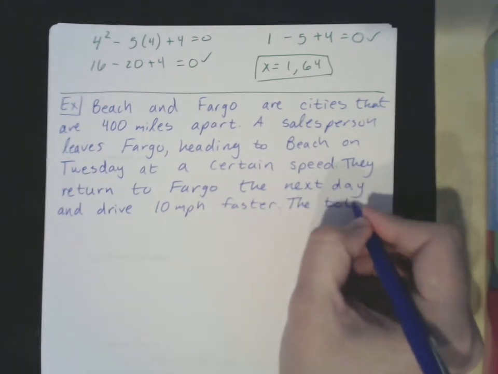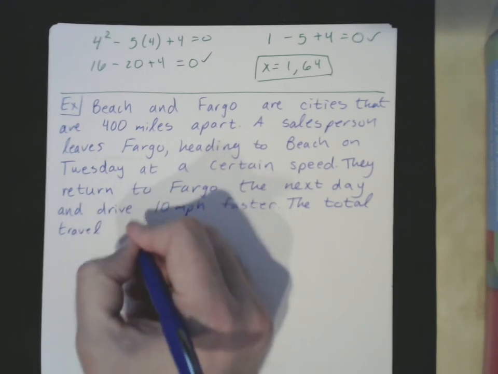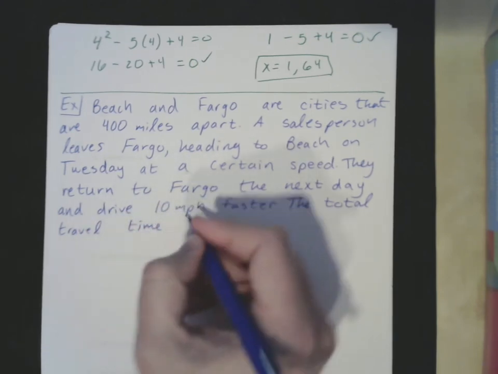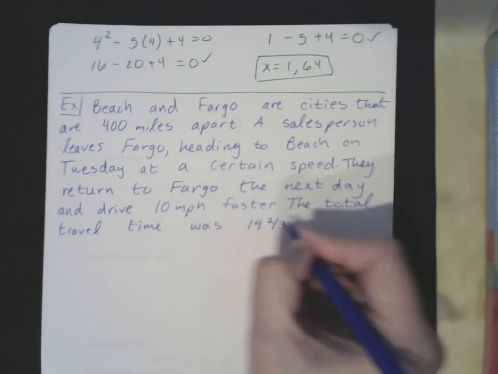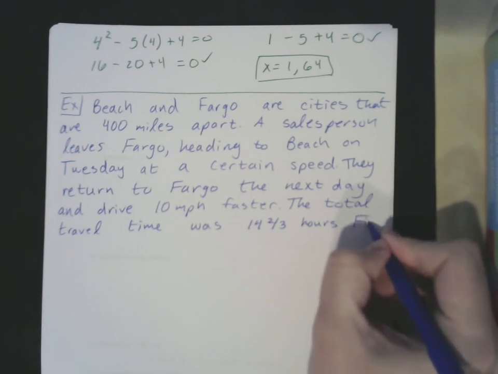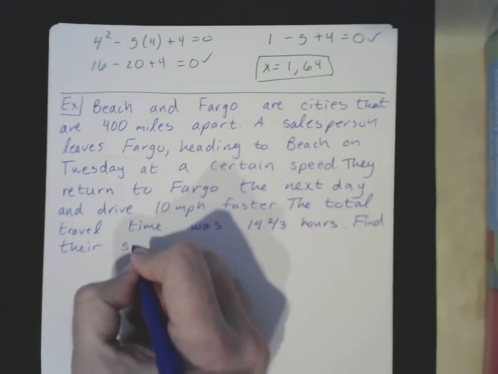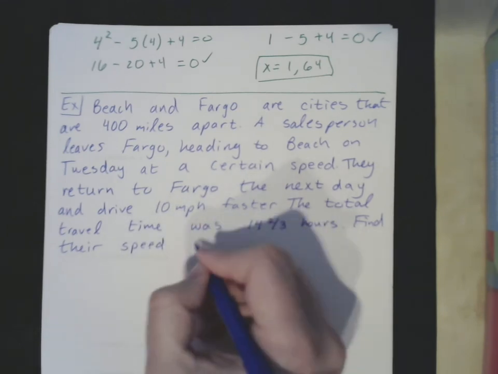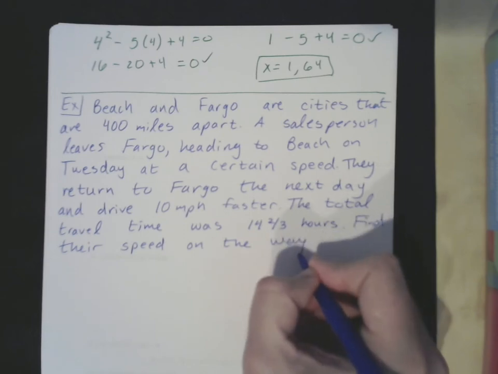So the total travel time was 14 2/3 hours. And we want to find their speed on the way to Beach and back.